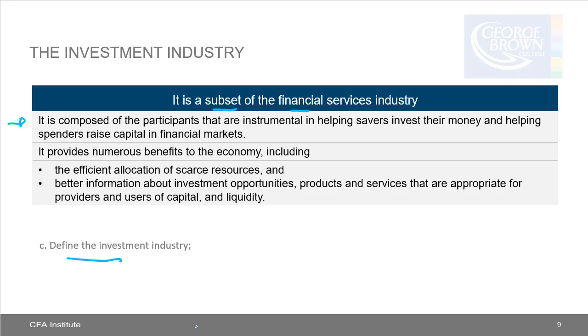And the investment industry provides numerous benefits to the economy, including 1, the efficient allocation of scarce resources, and 2, better information about investment opportunities, products, and services that are appropriate for providers and users of capital and liquidity. So again, these slides are just looking at some of the main key points. You'll want to go to the text and make sure that you thoroughly cover off all the content within the curriculum.